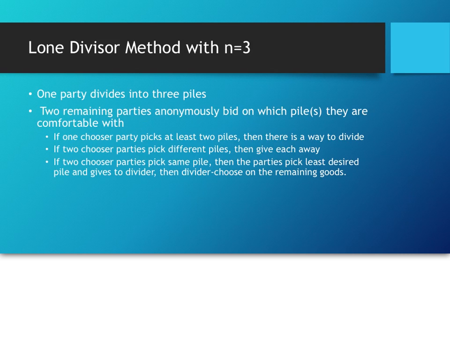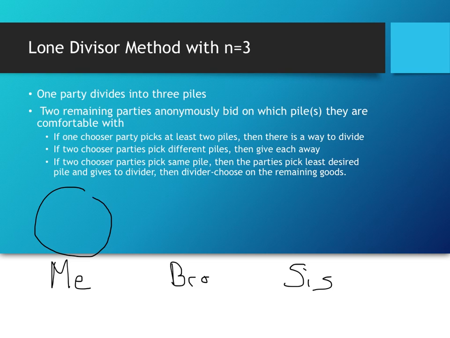All right, so the first method we're going to look at is the lone divisor method. Now, we're going to do it with 3 people, so it makes sense. So there's me, my brother, and my sister, okay? So what's going to happen is one party is going to be given the loot and said, divide this into equal portions.